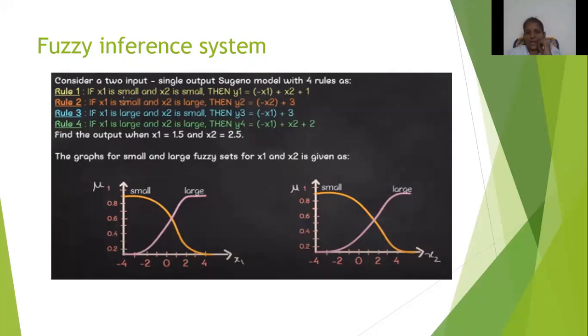If x1 is large and x2 is small, then y3 is equal to minus x1 plus 3. Rule 4. If x1 is large and x2 is large, then y4 is equal to minus x1 plus x2 plus 2. So you are asked to find the output when x1 is equal to 1.5 and x2 is equal to 2.5. So for the graphs for small and large fuzzy sets are given like this.